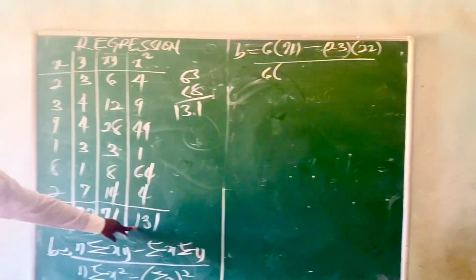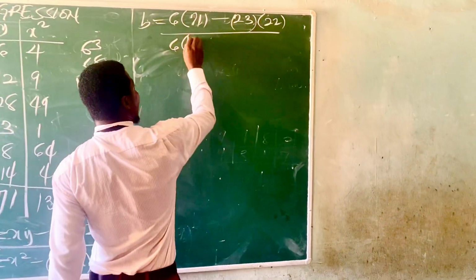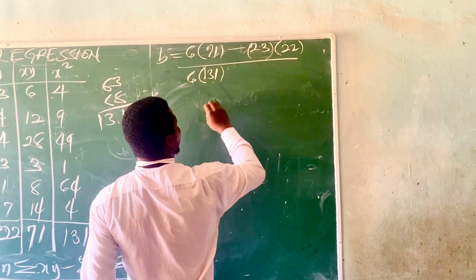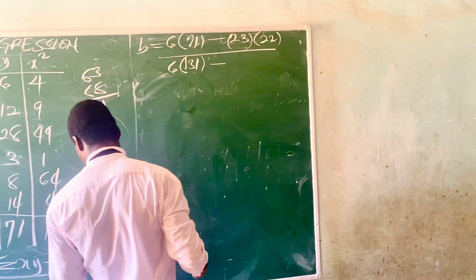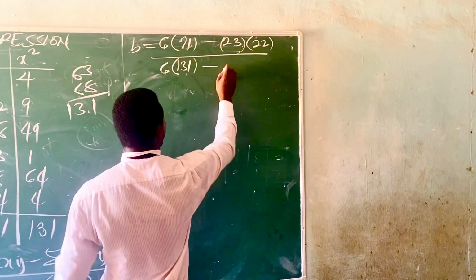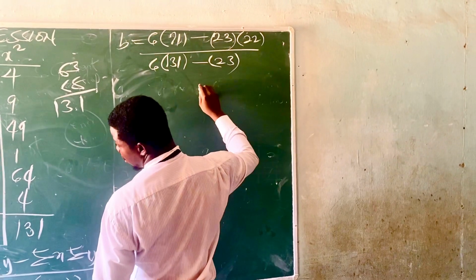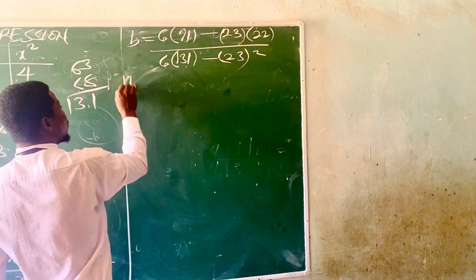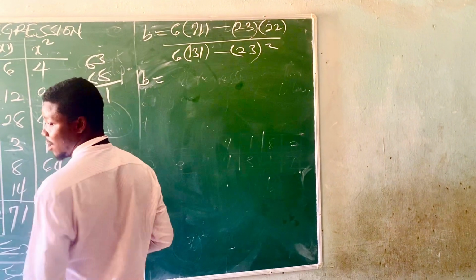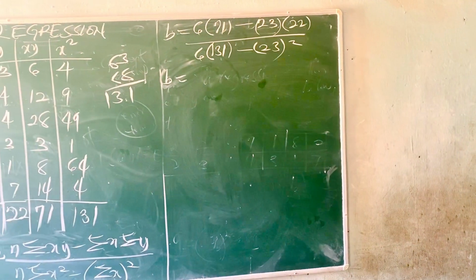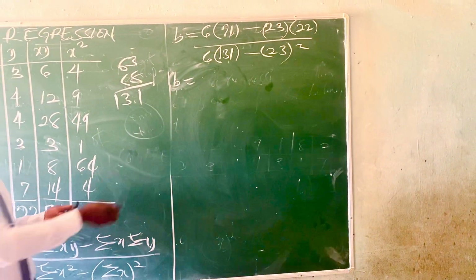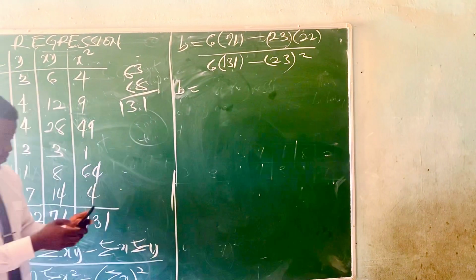Of course, summation x squared is 131. So you have 131 minus summation x all squared, that is 23 all squared. So we have your b.